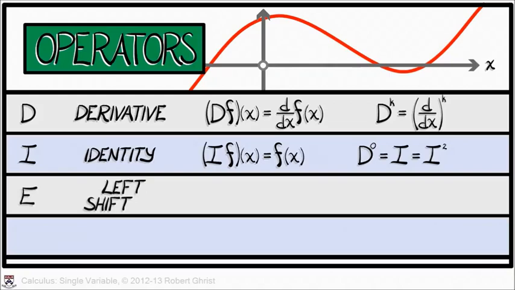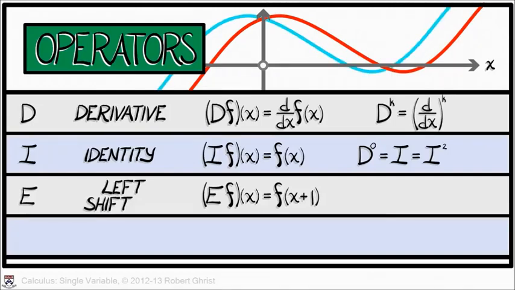One, let's call it E, capital E. This corresponds to a shift of f. E of f is going to be the function which, when evaluated at x, gives you f at x plus 1.